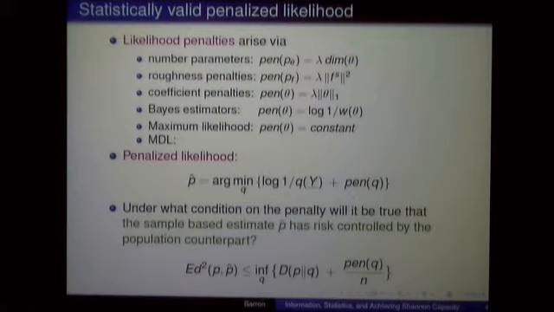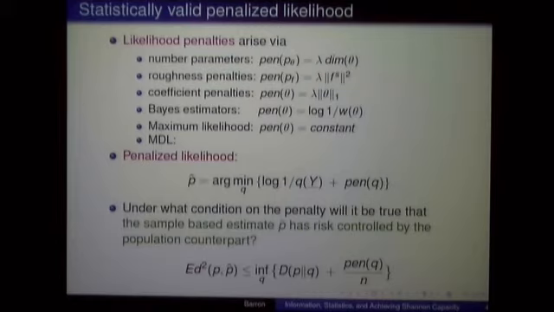All of these have this penalized likelihood form, and except for MDL, you're not thinking about having a discrete set there. Even the number of parameters case, you're still thinking about a continuum of real parameters, or at least an interval of parameter values for each of the different parameters. So you want to be able to say something about what happens if you do such a minimization over a continuum, or whatever space these Qs are in.